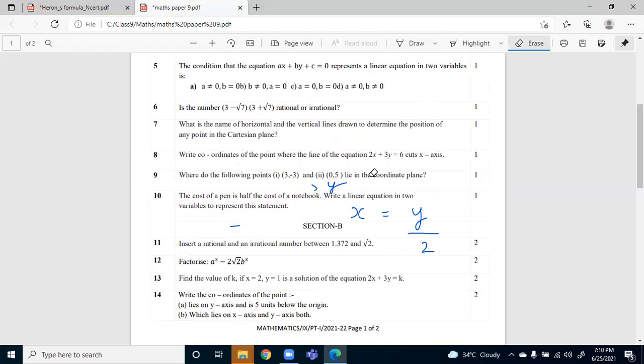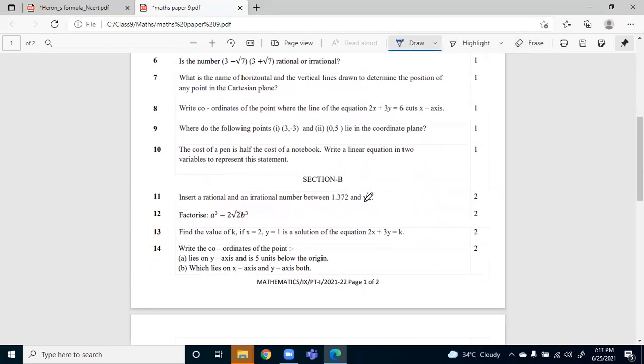Okay, now the 11th question is: insert a rational number and an irrational number between 1.372 and root 2. So if you want to insert, I know the approximate value. You should remember the approximate value of root 2 is 1.414. It is an irrational number, so it never ends. So I write approximately.